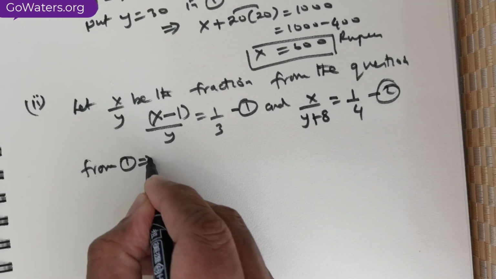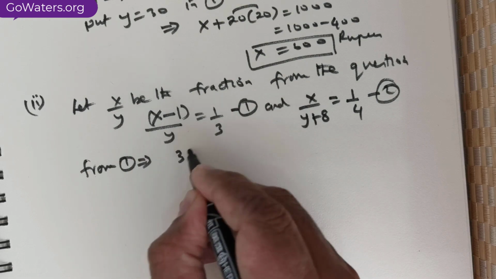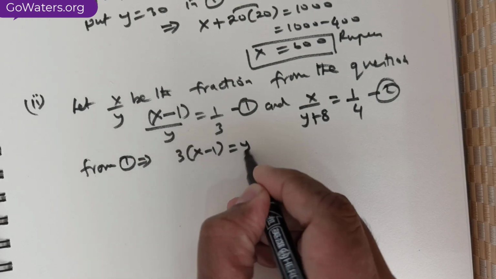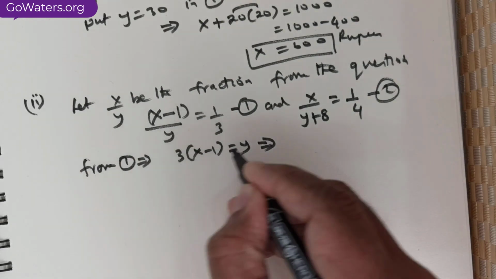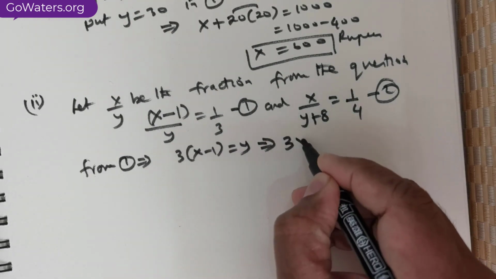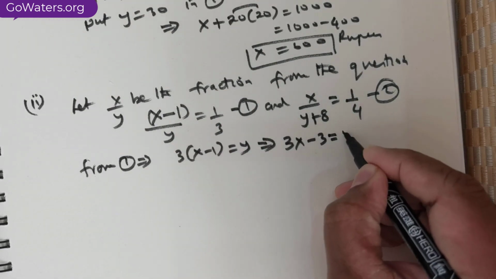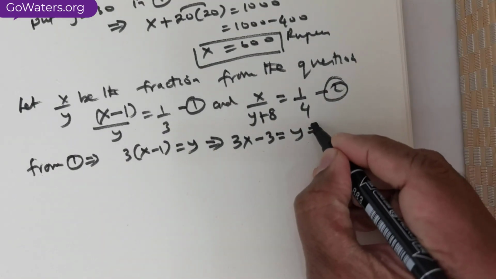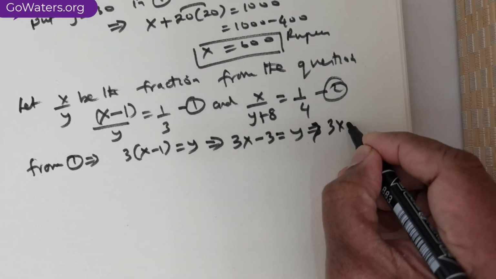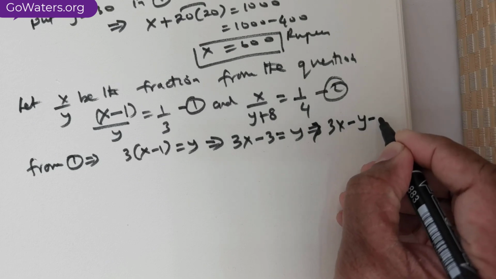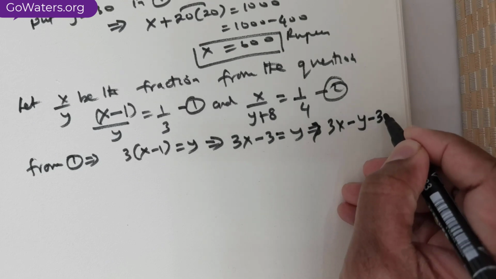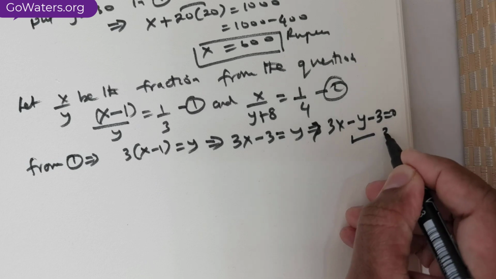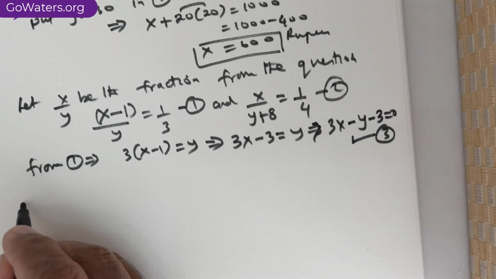So from 1, you cross multiply. This is 3 times (X negative 1) is equal to Y. You distribute 3, so this is 3 times X negative 3 is equal to Y. Bring Y to the left, so this would mean you got 3X negative Y negative 3 is equal to 0, and you can take this as equation 3.